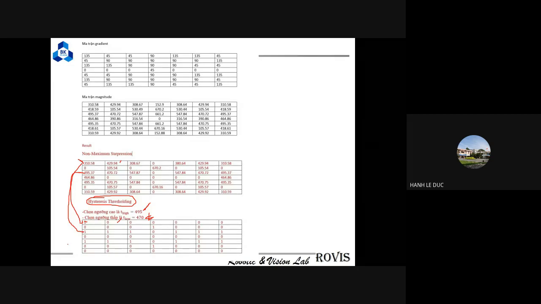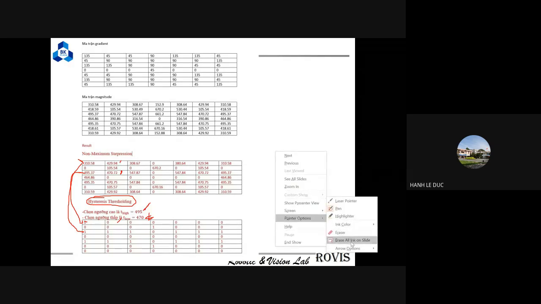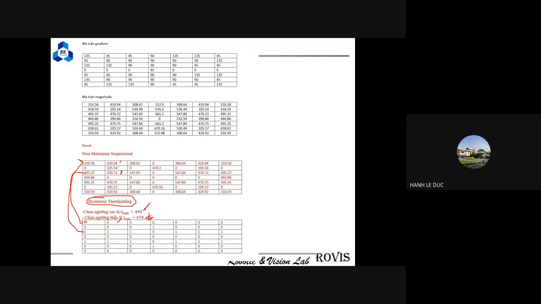And which number is in between? Let me see which number is in between. This number. Yeah, this number in between, we will check its neighbors: 1, 2, 3, 4, 5, 6, 7, and 8.